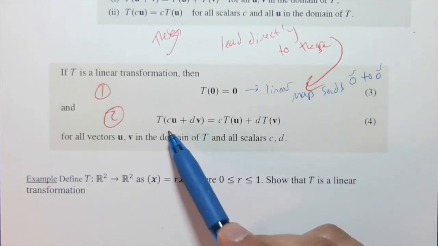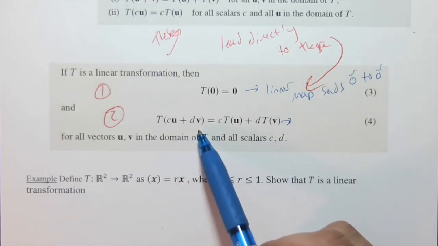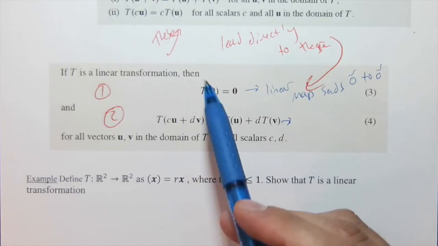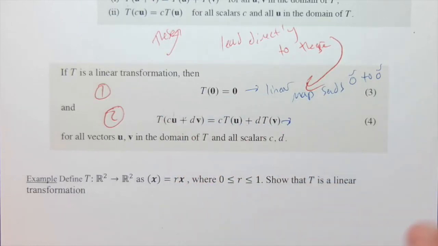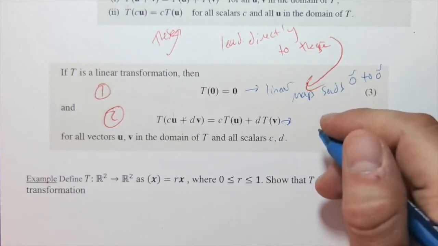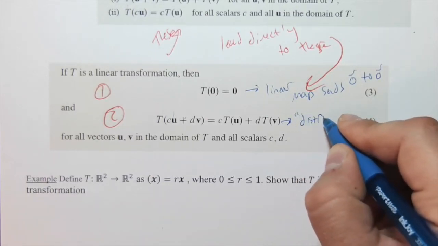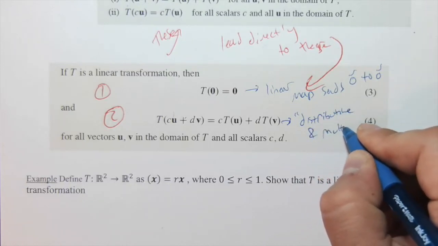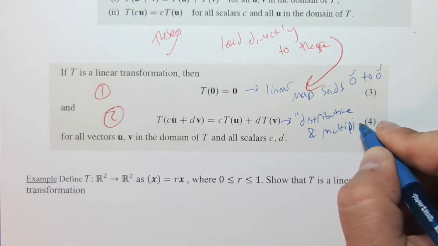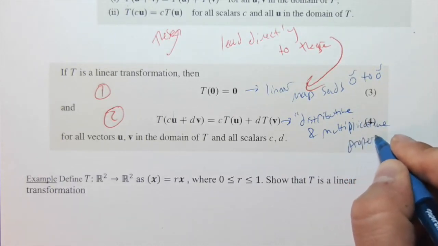The second one, again, I talked about it in words, but this is also looked at as a sort of distributive or multiplicative property, right? You can think about it distributing through there and then pulling out constants. It's not really, but I'm going to put it in quotes. It's kind of like a distributive and multiplicative property.